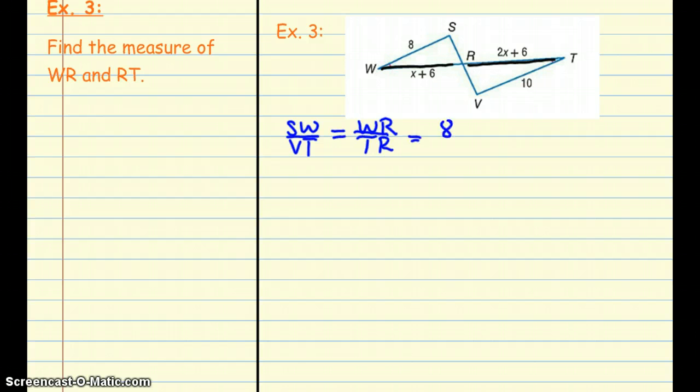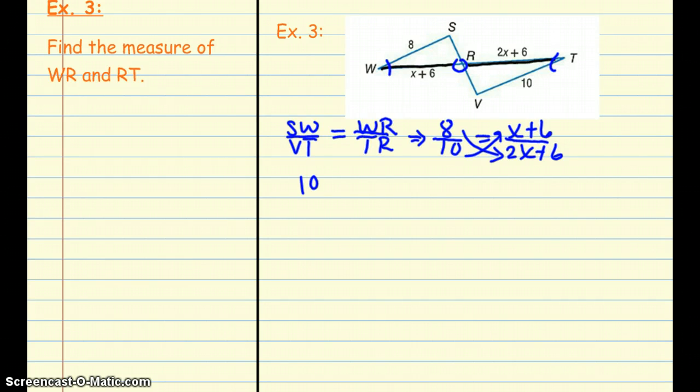So the information we get there is we can write the proportion of 8/10 is equal to x plus 6 over 2x plus 6. And from here, again, we can do that because we are given that they have this angle that's congruent, and then angle R is the same between each of them as well. So from here, we can do what we talked about earlier, and we can do cross products.